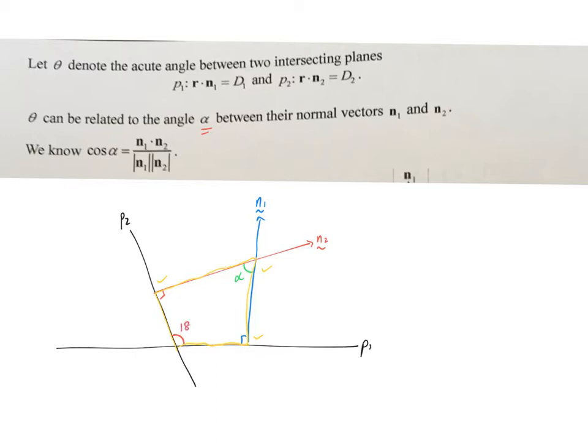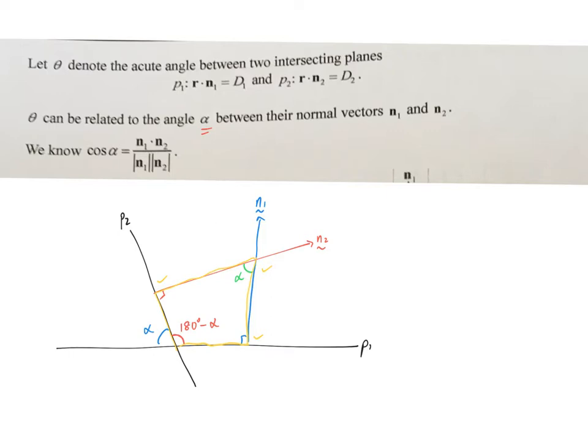This actually equals 180 degrees minus alpha, am I right? So it's basically 180 degrees minus alpha. With that, in the supplement context, this angle over here is also equal to alpha.